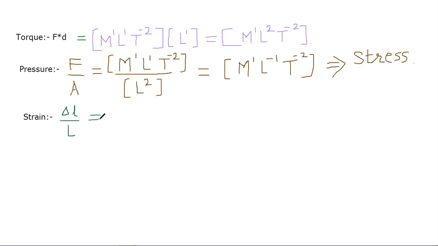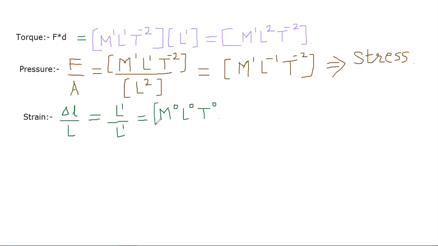Now what is the dimension for length? L1. It will have the same dimensions for the change in length. So L1 divided by L1 will give you M0, L0 and T raised to power 0. Right? Because L1 will get cancelled.